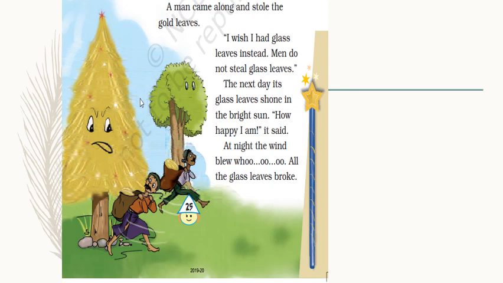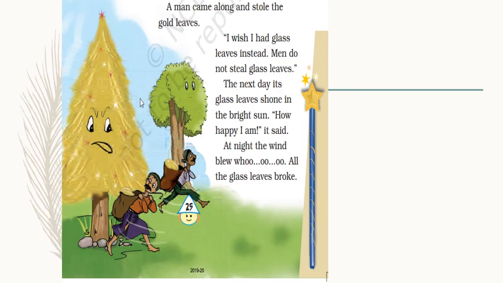So, let's understand now. We have seen that the tree asked for the second wish because it was not happy with whatever it had as its first wish. As a goat came and ate all its green leaves, it asked for gold leaves as its second wish.